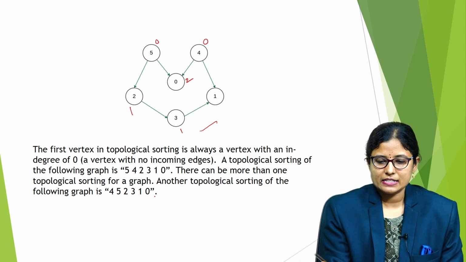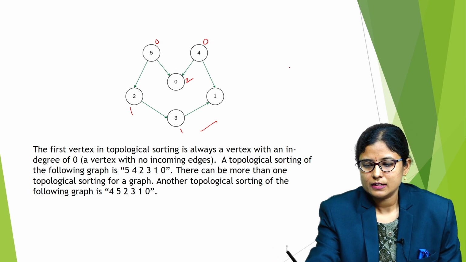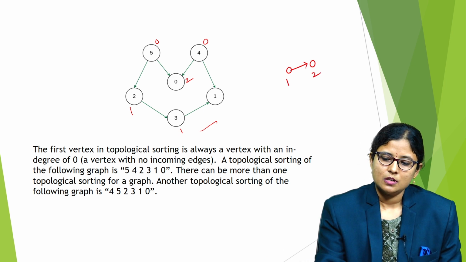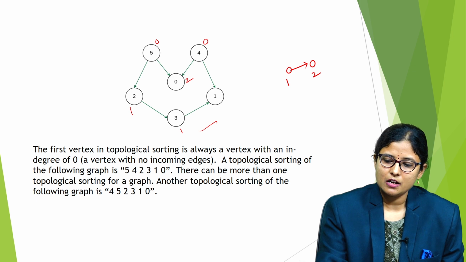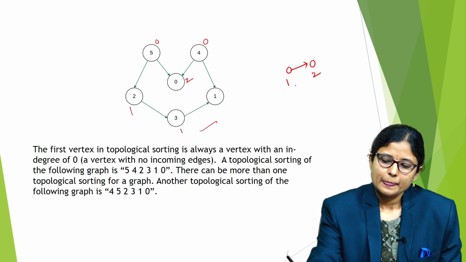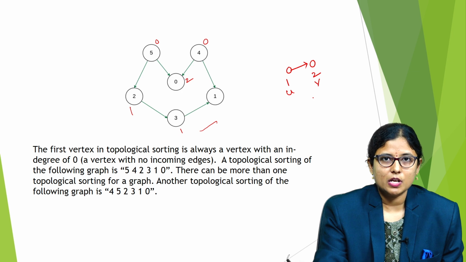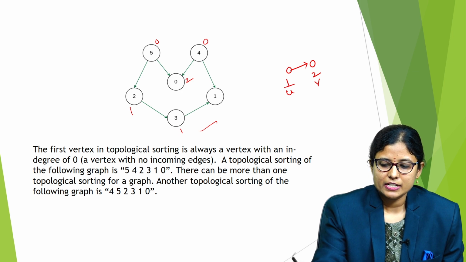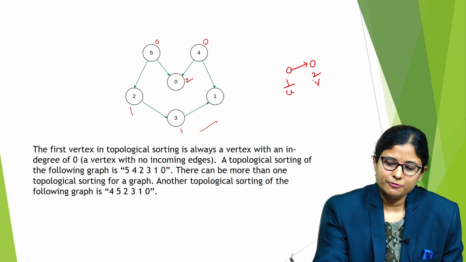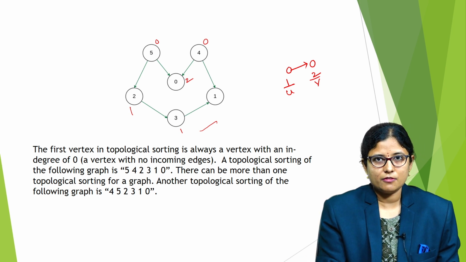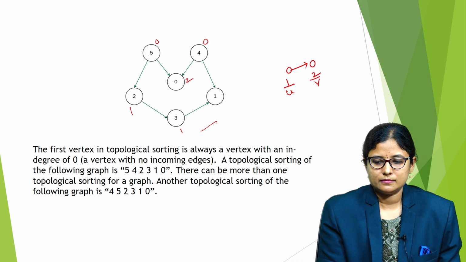Here the basic idea is that if you consider a directed edge 1, 2, then according to the definition of a topological ordering, the vertex U should always come before V in the ordering. Here, vertex 1 should always come before 2. This is the basic idea of topological ordering.